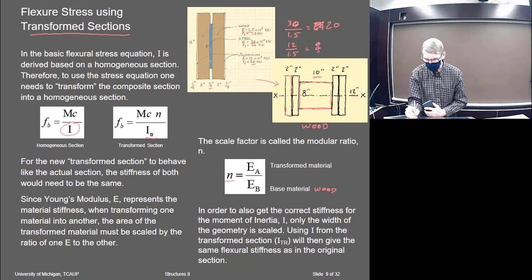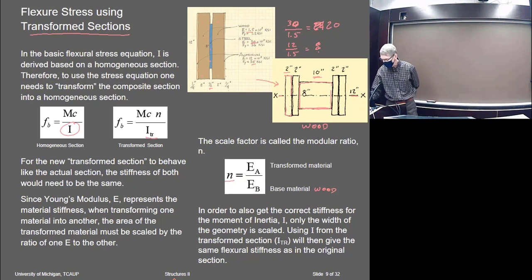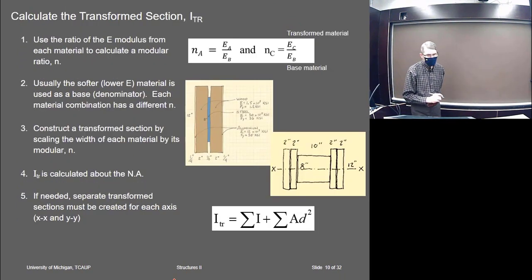Okay, and then I take that 8, that's the scale factor, 8 times 1/4 of an inch, and I think that would give me the 2 inches then. So that's how I'm scaling these up, by this ratio of the E modulus.